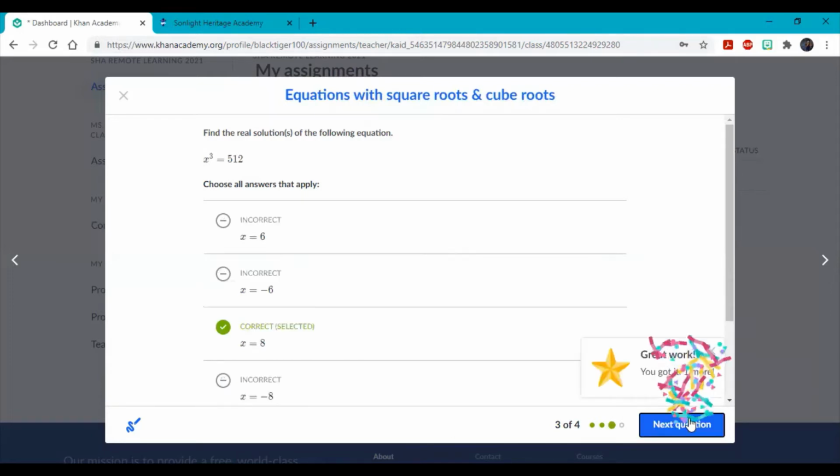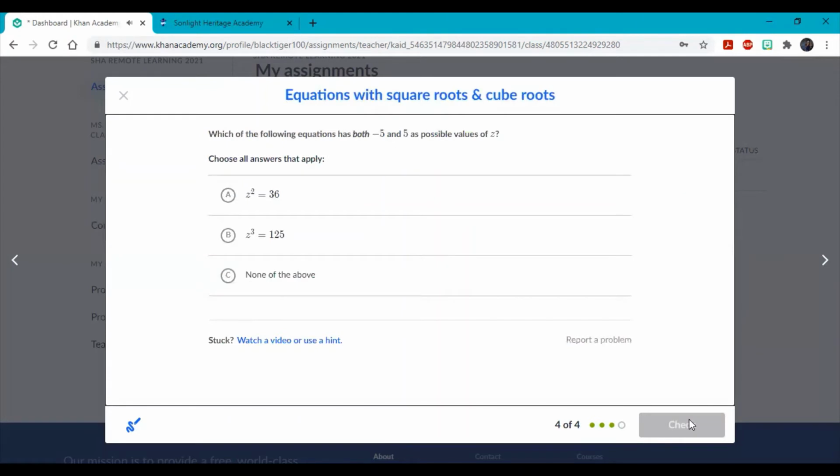Okay, that is correct. Let's do the last one, question 4. Question 4 says this: which of the following equations has both negative 5 and 5 as possible values of z? Now, of course, negative 5 and 5 as possible values, so we're looking for the option for that.